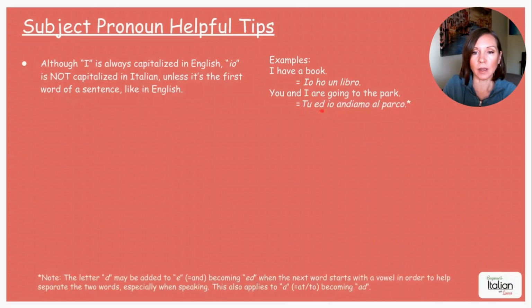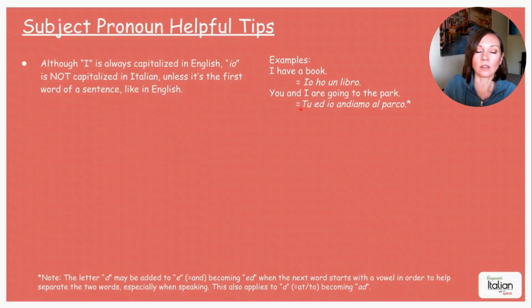And you may have noticed that I used a D here, if you're familiar with Italian at all. So I'll just explain real quick here. The letter D may be added to e, meaning and, okay, or a in Italian, becoming ed when the next word starts with a vowel in order to help separate the two words, especially when speaking. This also applies to a, meaning at or to, becoming ad.